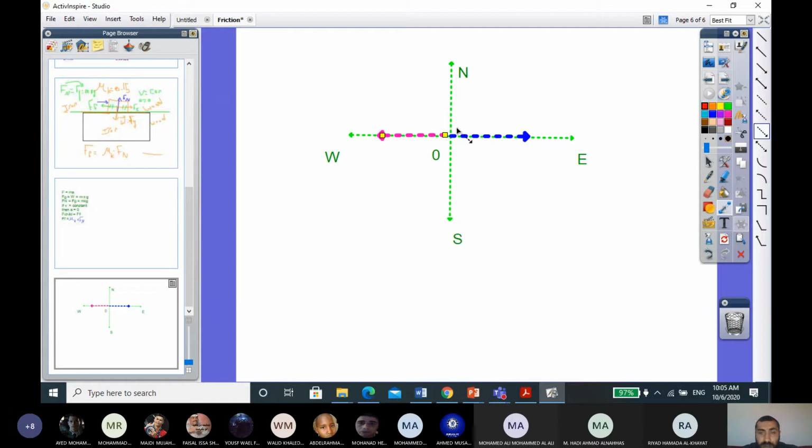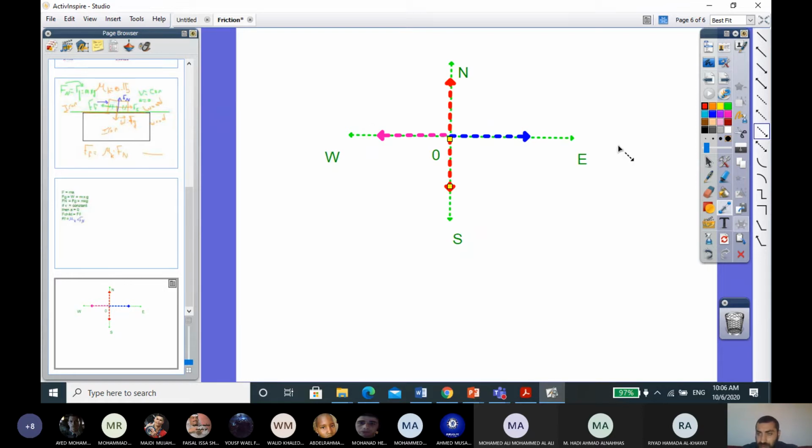If I'm going to the north, and finally if I'm going to the south, and that's it, guys. So north, south, east, and west, these 4 directions show whether I want to add or subtract.